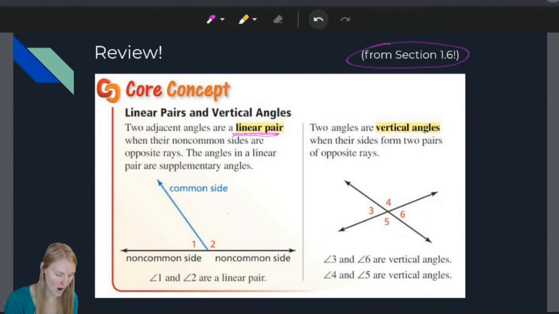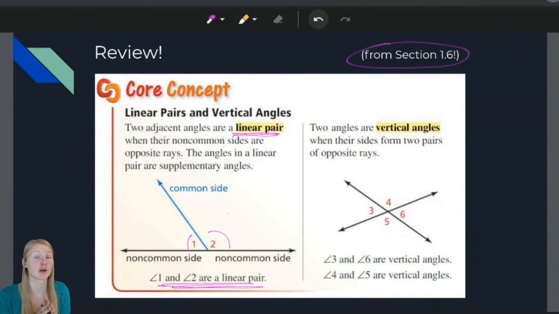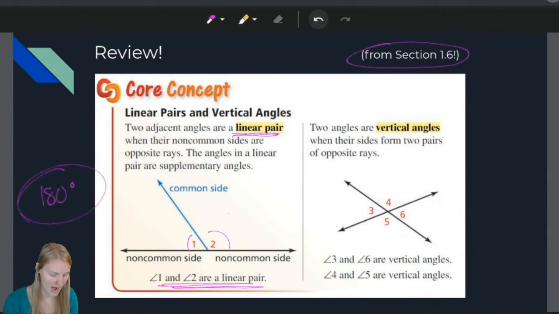So angle 1 and angle 2 are a linear pair, and remember that that means that they are supplementary. What did supplementary mean? Well, they add up to 180 degrees. So angle 1 and angle 2 are a linear pair, and they add up to 180 degrees. So you need to remember that for this lesson.